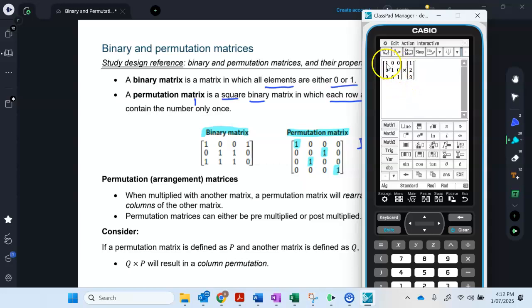Now we know that multiplying it by its identity matrix shouldn't change the matrix at all, so I should still get 1, 2, 3. Doesn't matter what I put in here, sometimes you can use letters, A, B, C. All right, it stays in the same position.